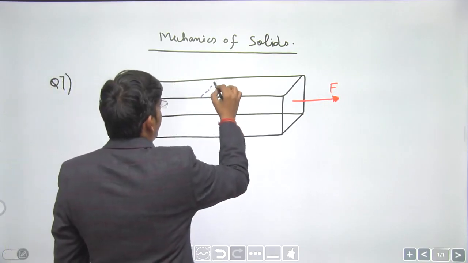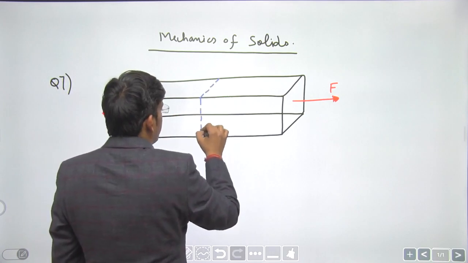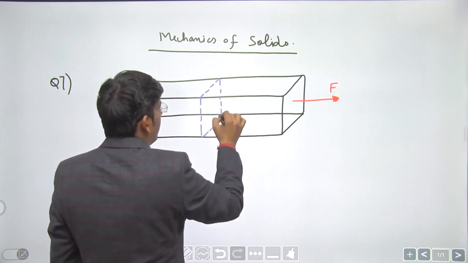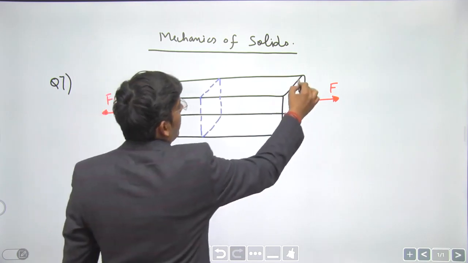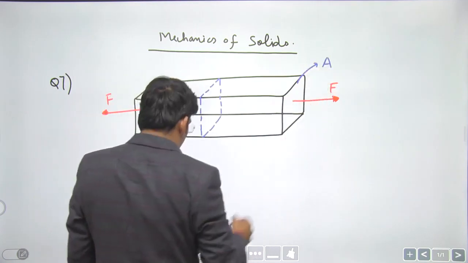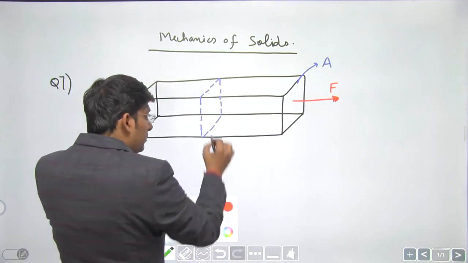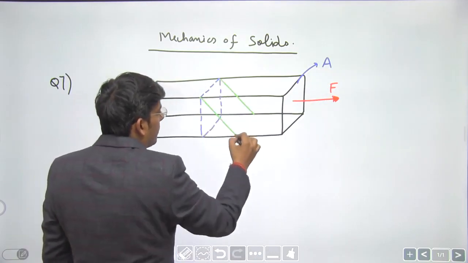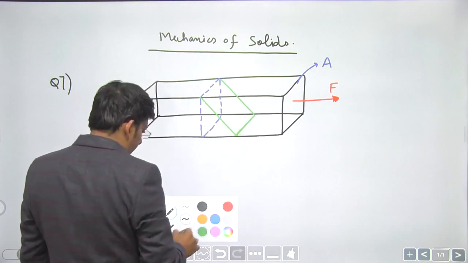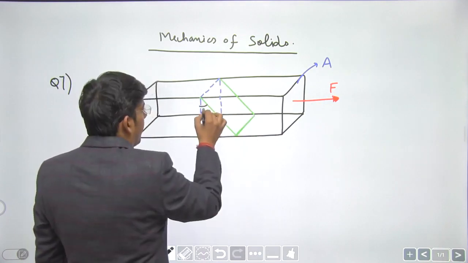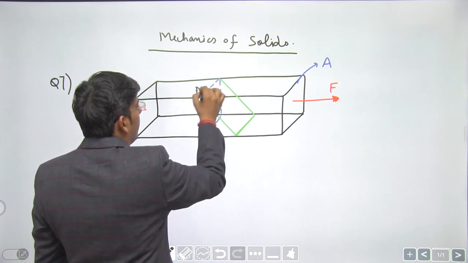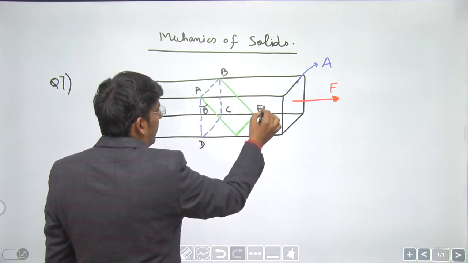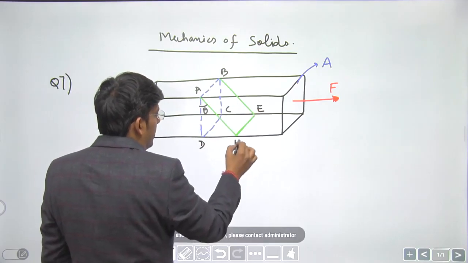We have the area of cross section here. Let us take a section here, area of cross section being capital A. What we are asked to do: suppose there is a plane at some angle theta. Let this plane be ABEH.